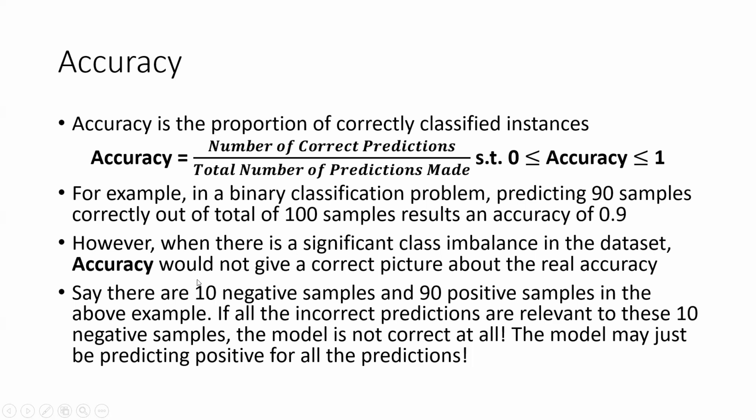We want to classify these negative samples correctly, especially these 10 data points. Suppose something like diagnosing HIV patients: that 10% or even 1% of the samples is very important to be predicted accurately.